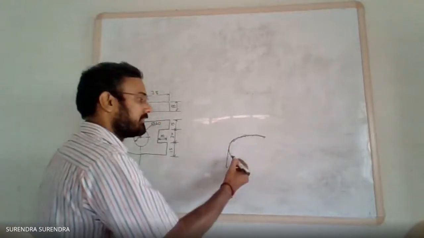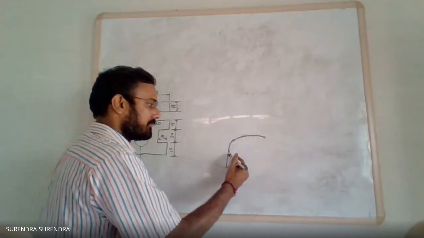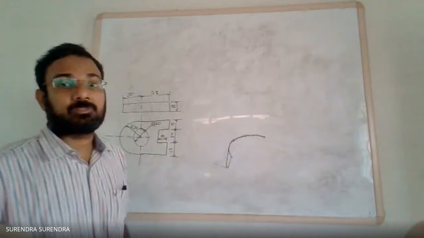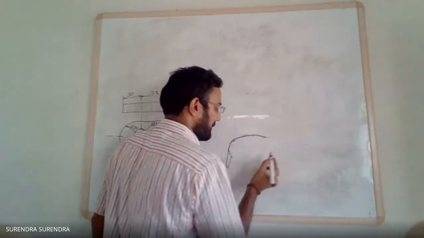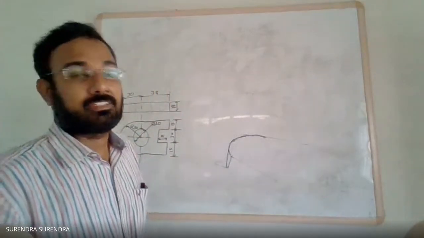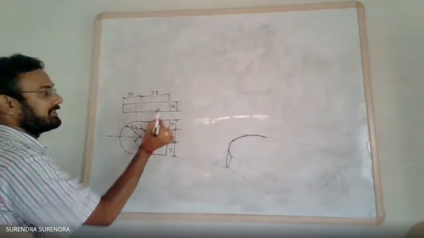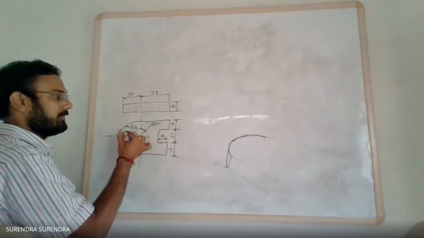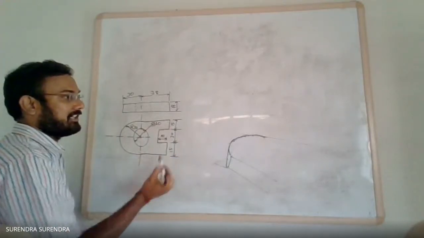Now from this point, a 38 mm long line, this 38 mm extension. So first we completed drawing the semicircle. From the semicircle, a 38 mm long line.